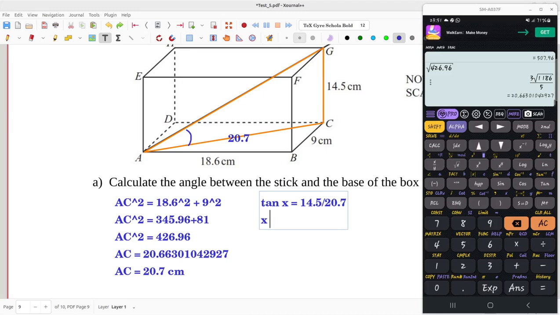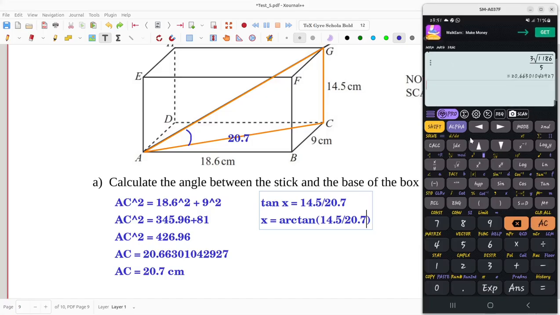So x will be equal to arc tan, that's shift tan, 14.5 over the answer.